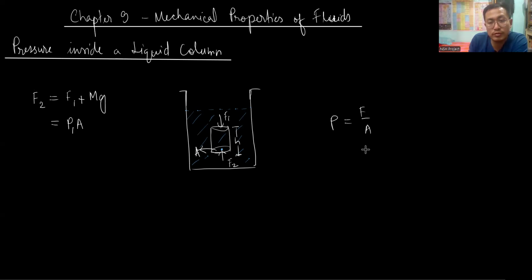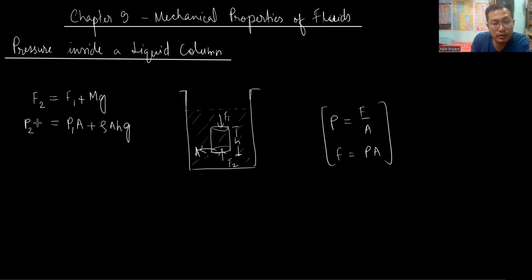So force is pressure into area, so P1 into area, and the mass is density rho into volume, where volume is A into h, and then g. On the other side, force is pressure into area, so P2 A. A cancels, so we have P2 is equal to P1 plus rho g h.